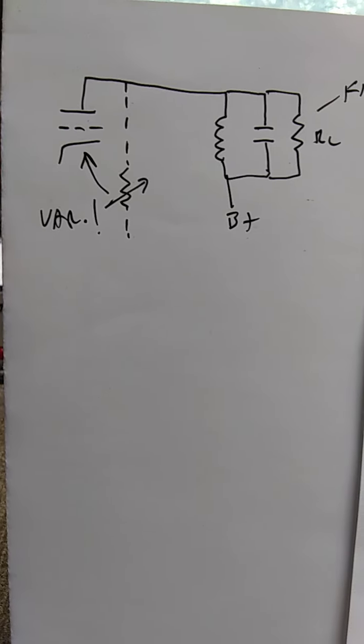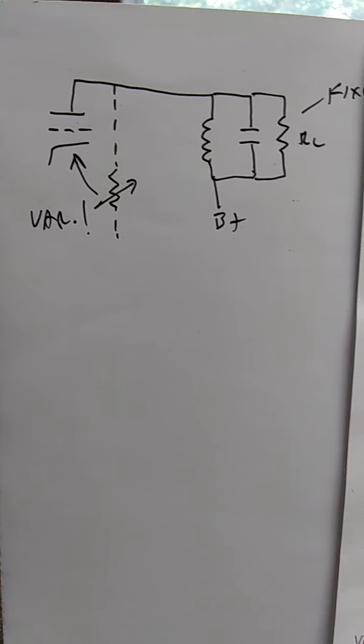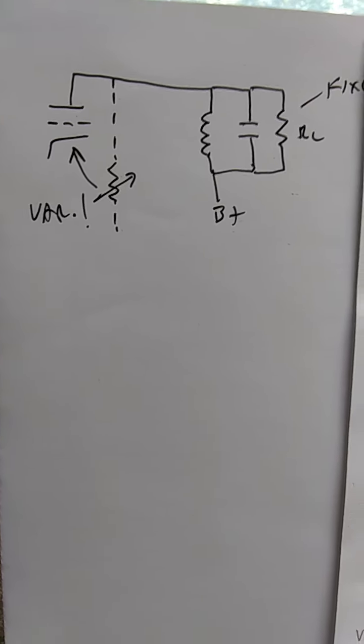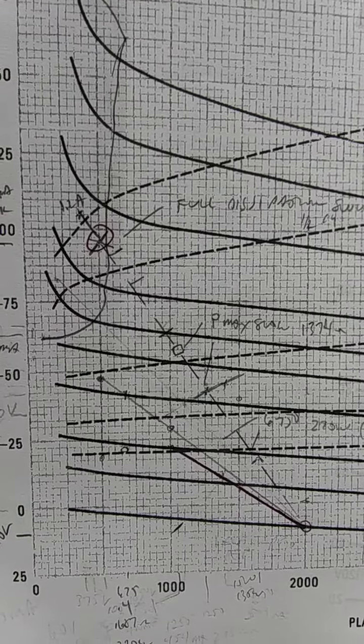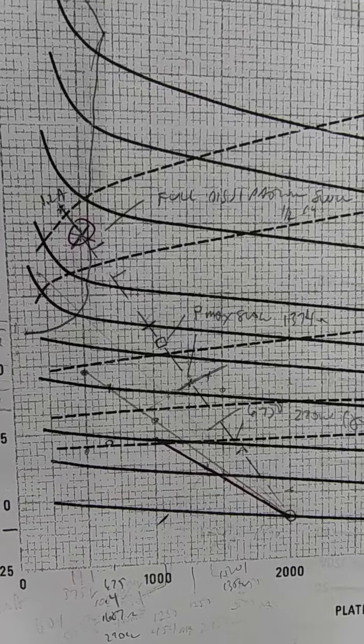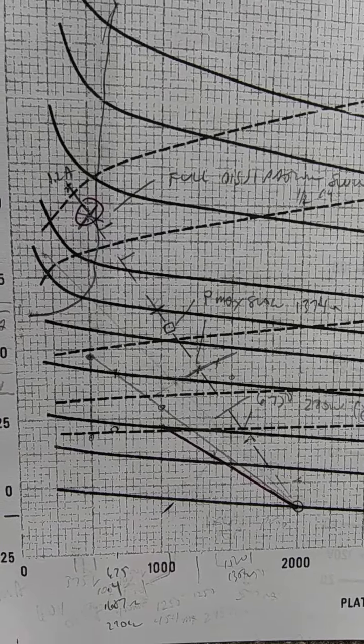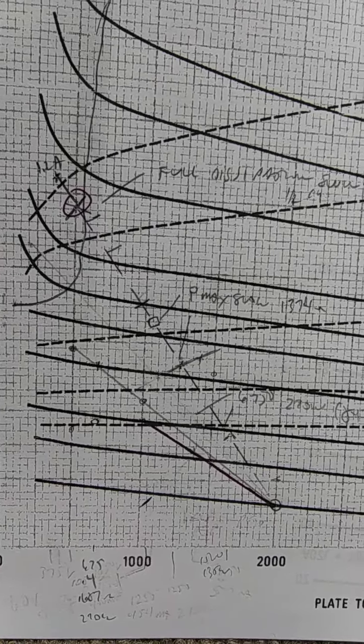It is not obvious, A, that that's the case here, and B, why that's important. But this data can't be used whatsoever to analyze a real amplifier with a series inductance in the plate.